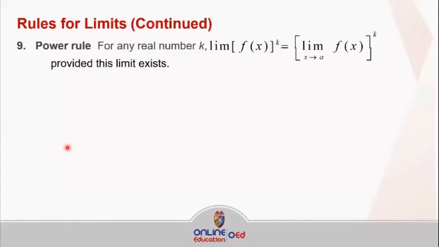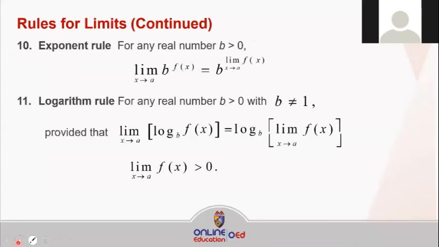Okay, for the power rule naman, for any real number k, the limit of f of x raised to k equals the limit of f of x raised to k, where x is approaching a, provided these limits exist. Then for the exponent rule, b is greater than 0.